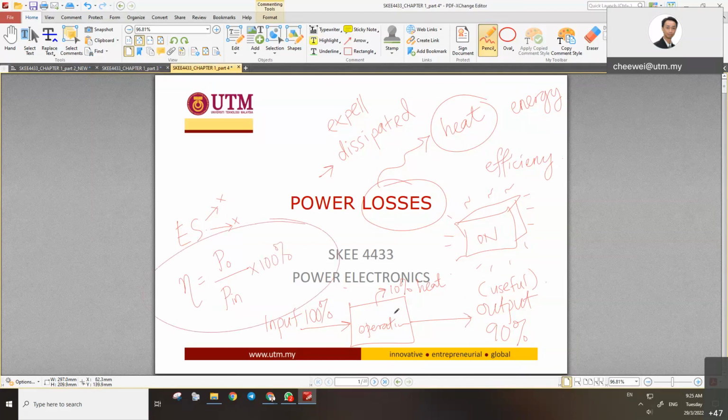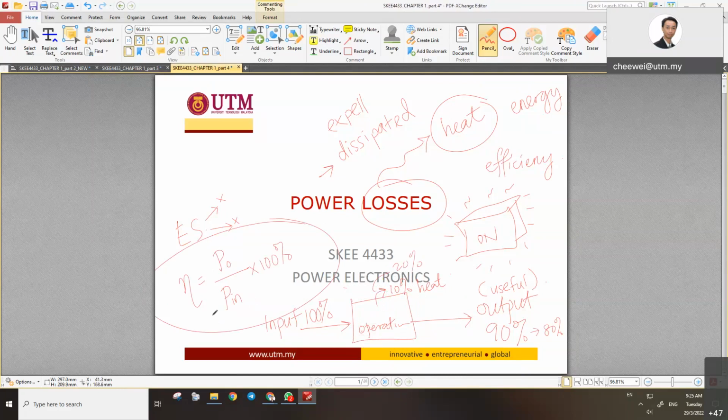So your P out now is 90%, your P in is 100%, so you only get 90%. Let's say the losses double, become 20%. What happens to the output? It becomes 80%. So the efficiency drops further to 80%.